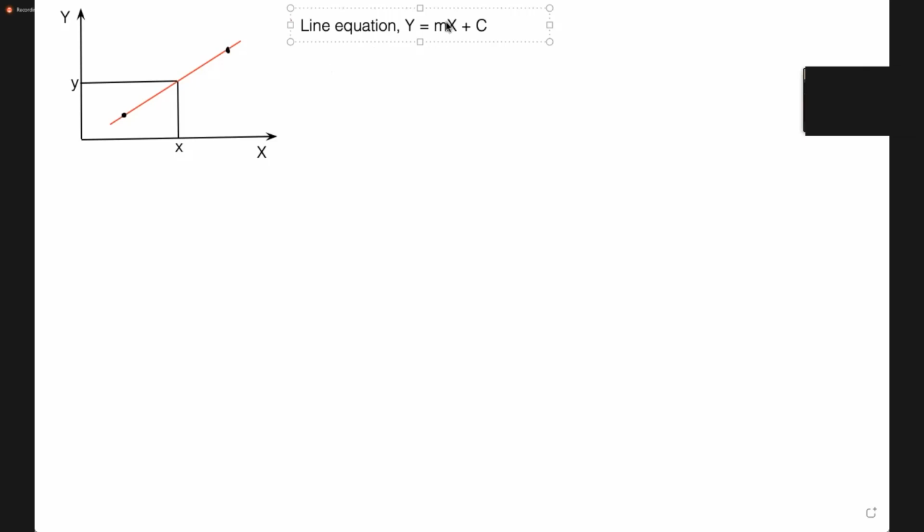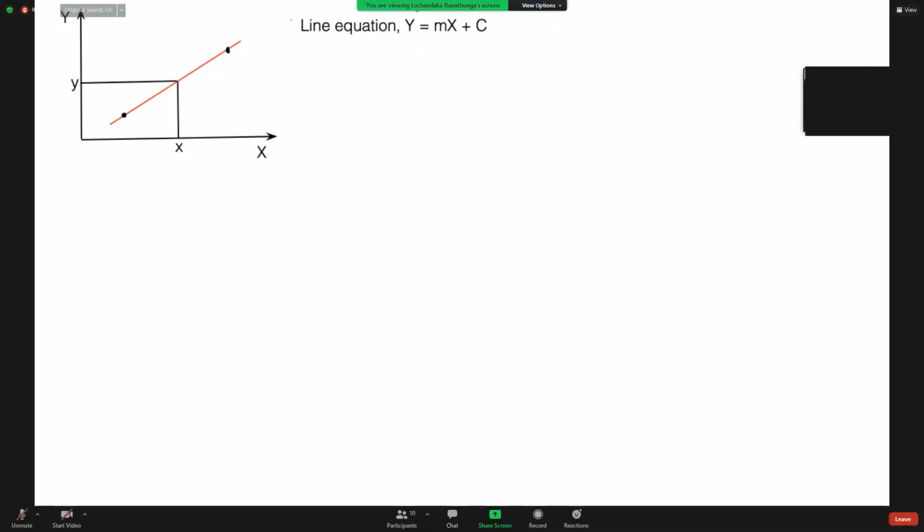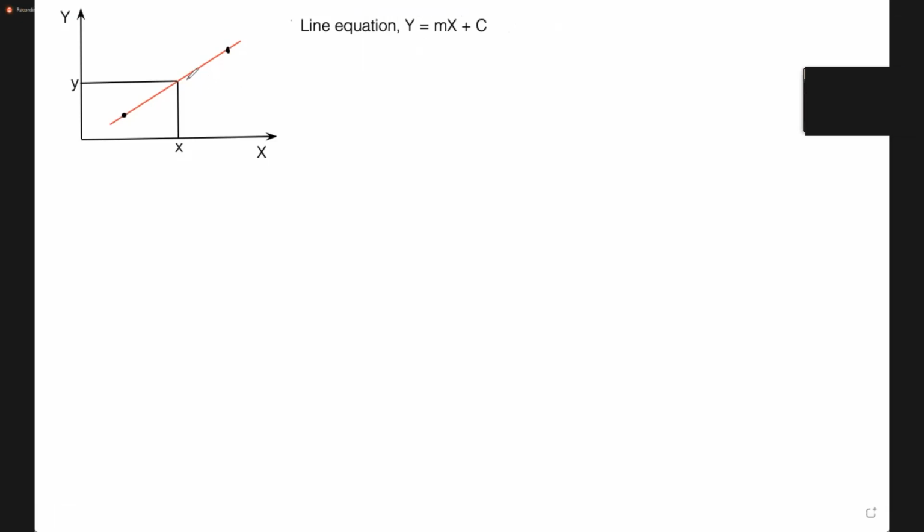Now, what is this m? m is the gradient. We call that one gradient or slope. The slope is normally denoted by some kind of location. We can draw the slope.